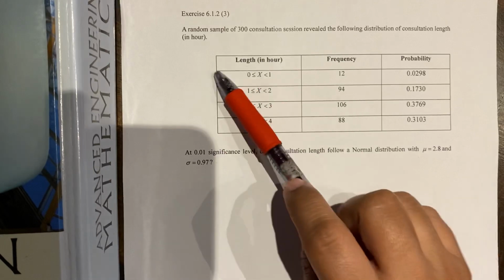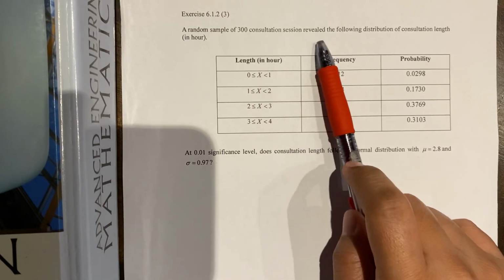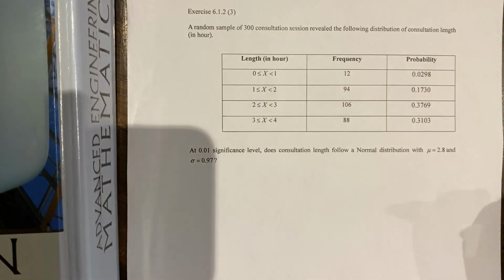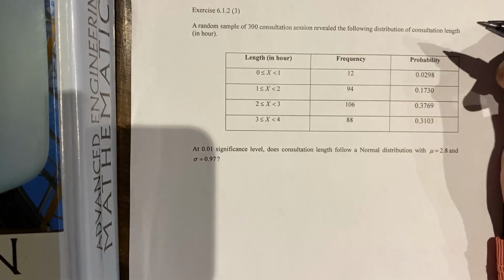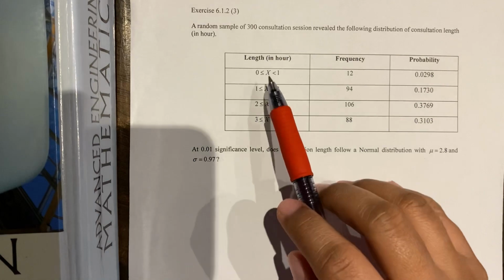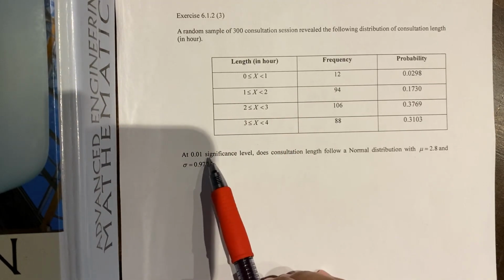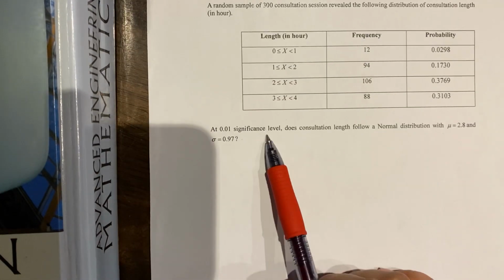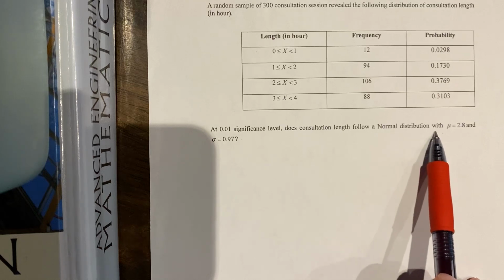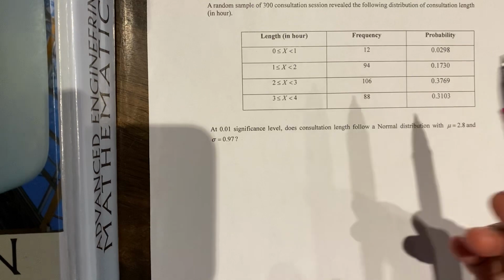Okay, so a random sample of 300 consultation sessions reveals the following distribution of the consultation length, in hours. At the 0.01 significance level, does consultation length follow a normal distribution with mu 2.8 and sigma 0.97?